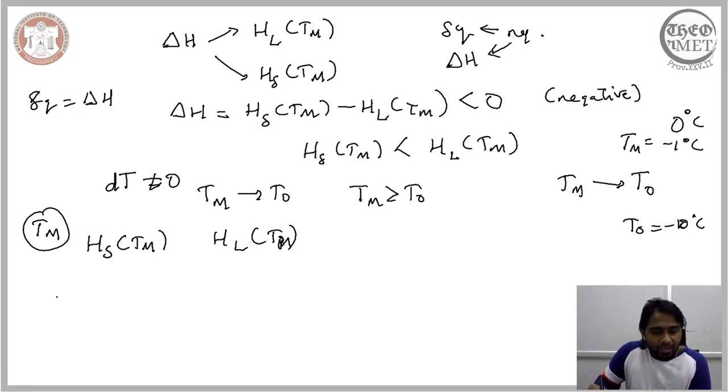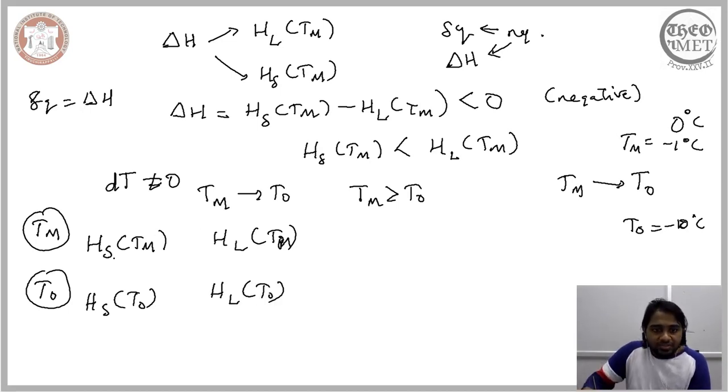Now we are bringing this system to a temperature T0, and we will have a corresponding enthalpy for the solid at T0 and for the liquid at T0. These first two are known to us. We considered them in the previous expression, related them to the heat transfer, and saw that one is lower than the other.